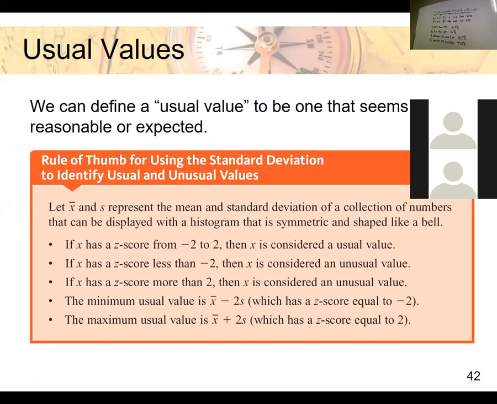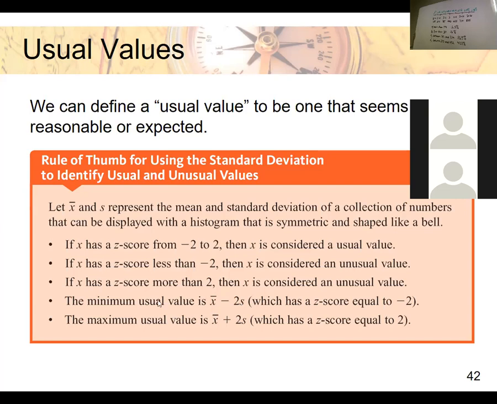If you recall, we were dealing with usual and unusual values when we had something to do with the mean absolute deviation. This time, we're using the standard deviation to identify usual and unusual values. So let x bar and s represent the mean and standard deviation of a collection of numbers that can be displayed with a histogram that is symmetric and shaped like a bell. In other words, it's like a normal distribution.